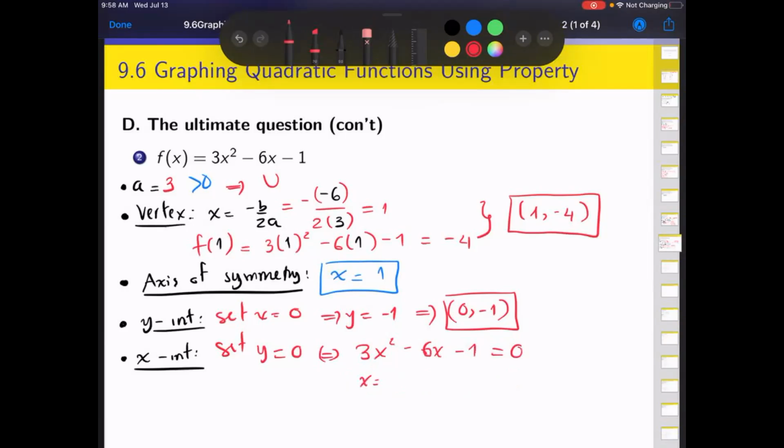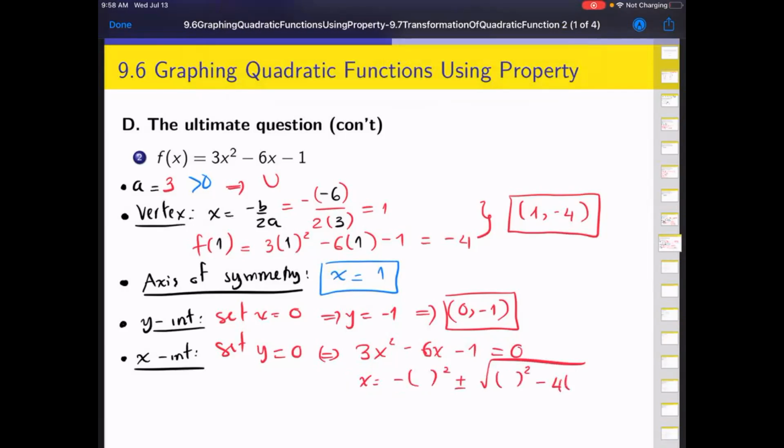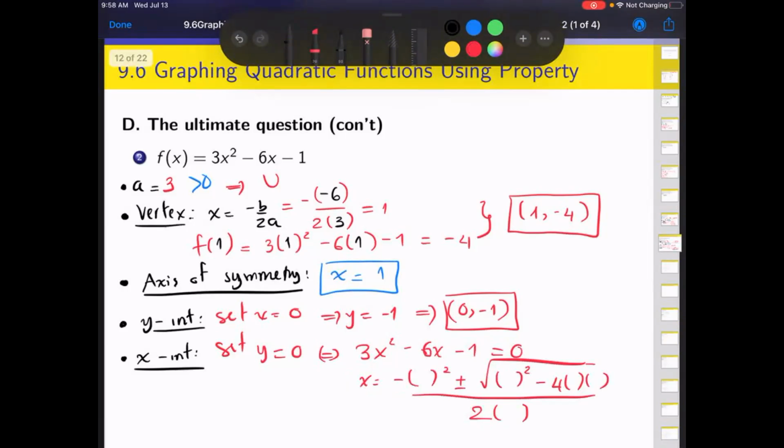So x equals negative b plus or minus the square root of b squared minus 4 times a times c, divided by 2a. Negative 6, negative 6, 3, negative 1, and then 3.